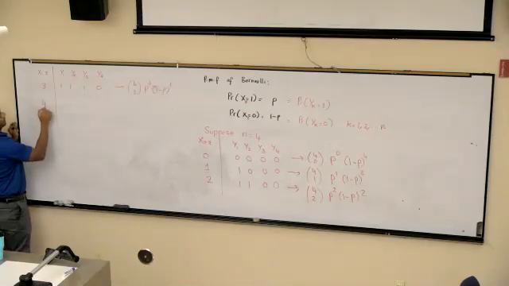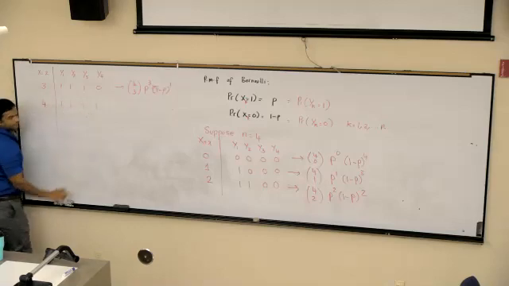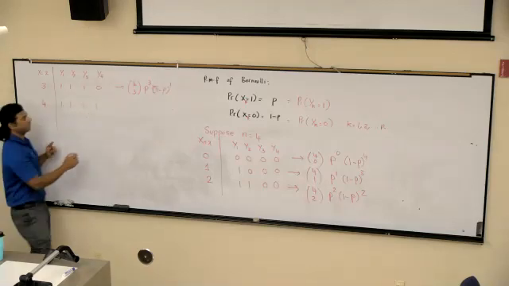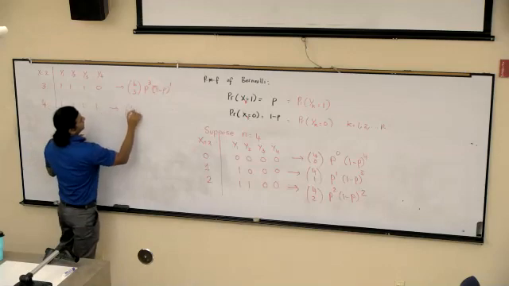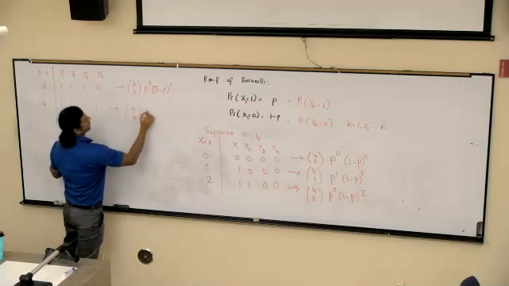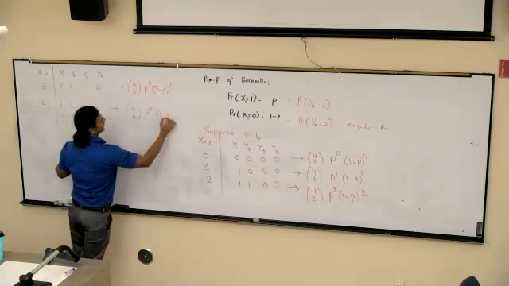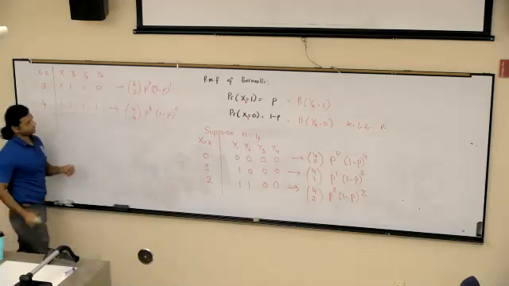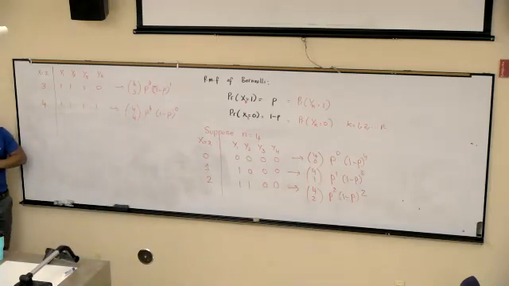And the last one is 1, 1, 1, 1. That is the only way to get 4. I could call it 4 choose 4, times p raised to 4, and 1 minus p raised to 0.